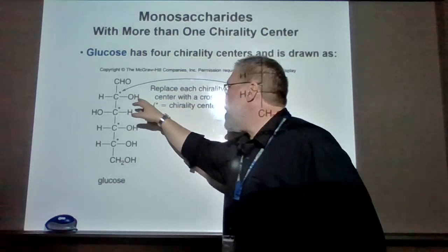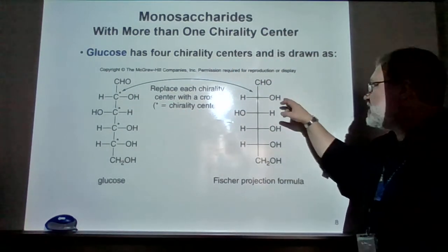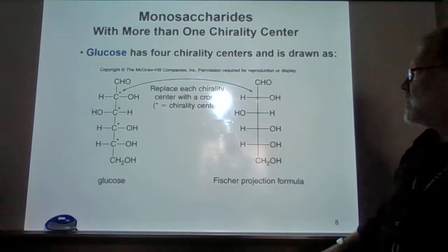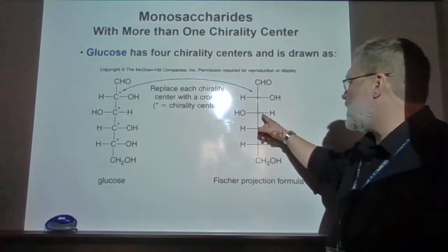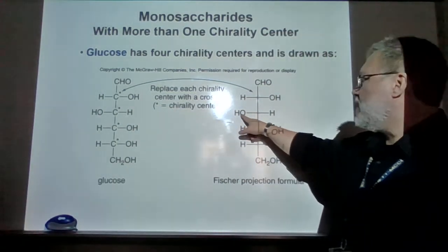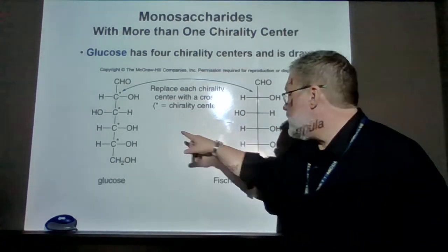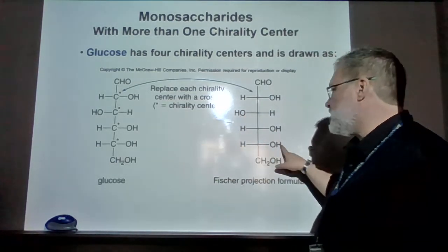So since this OH is to the right of the vertical carbon chain, this OH is to the right of it. Since this OH on the next carbon down is to the left of the carbon chain, it's to the left. This OH is to the right, this OH is to the right.